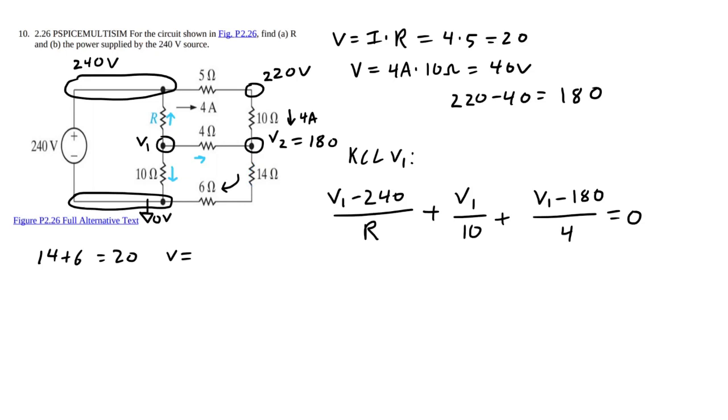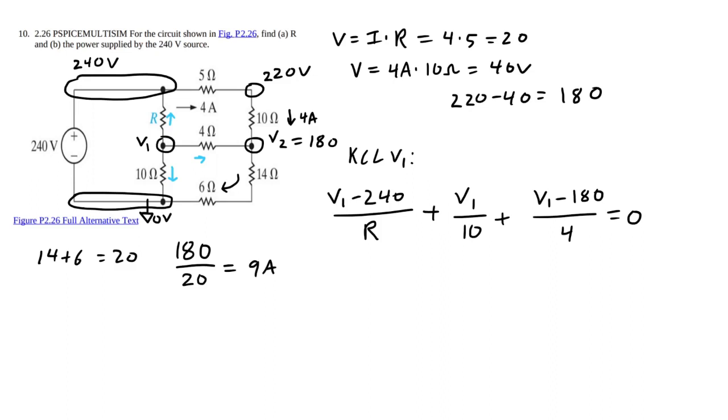Anyway, so V equals I times R. We have 180 volts dropped across our equivalent of 20. So that means we have 9 amps flowing through that node.